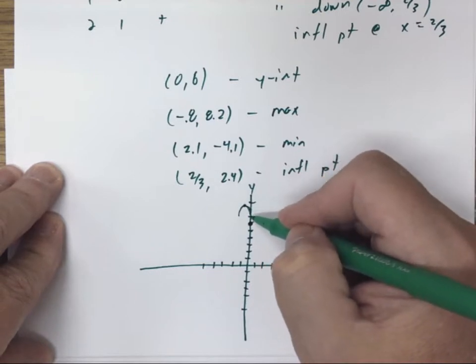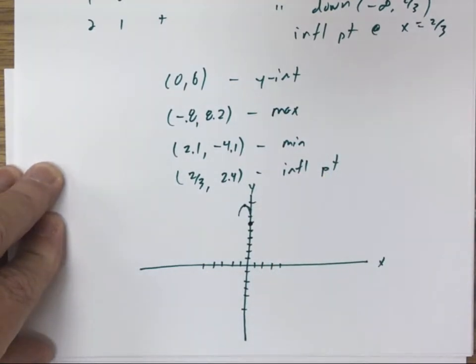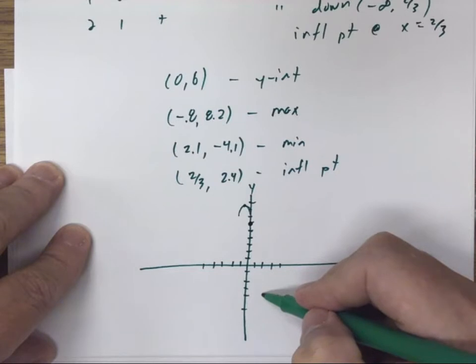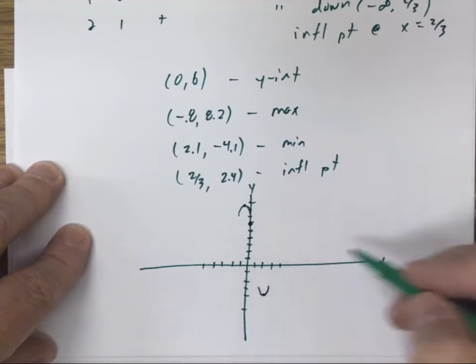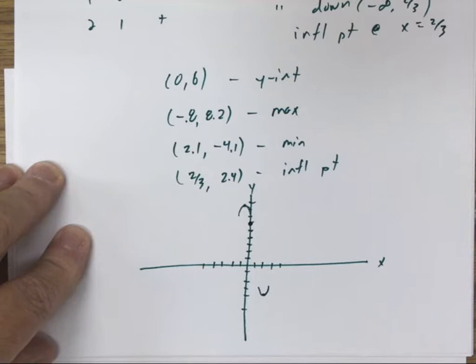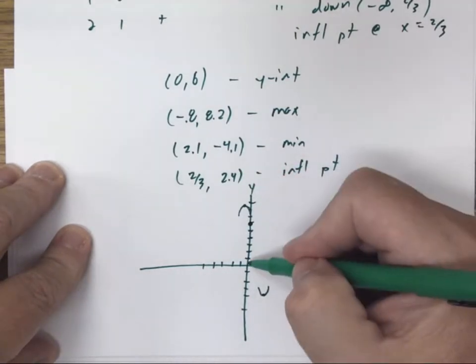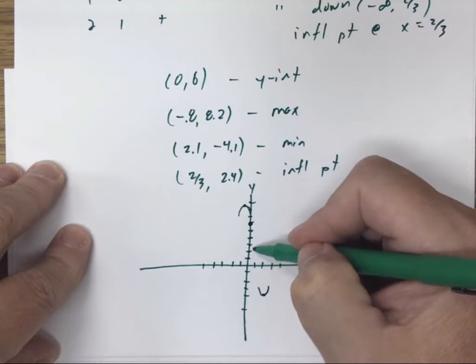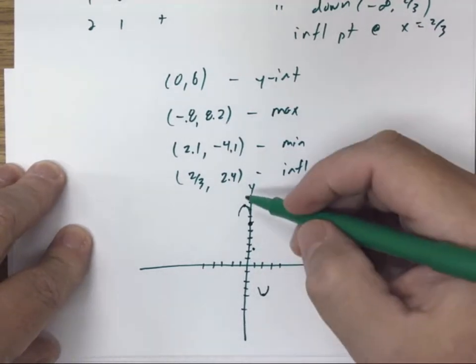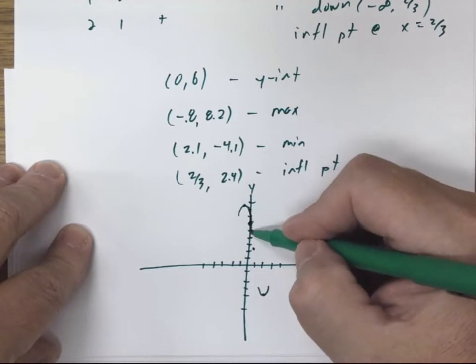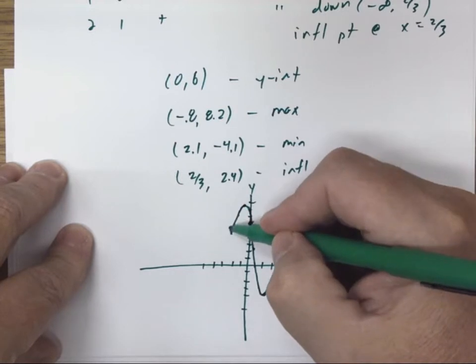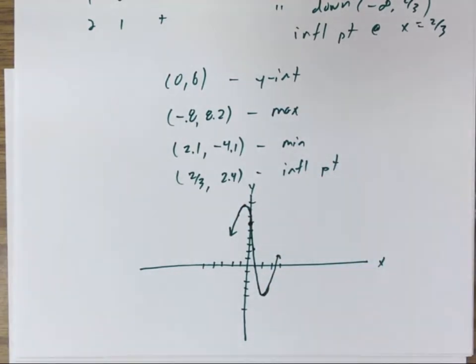So somehow it's like this. A minimum at 2.1, and it's at negative 4. Maybe like this. And an inflection point at 2/3, which is 0.67 and 2.4. So hopefully you can see it probably looks something like this. One of these kinds of graphs.